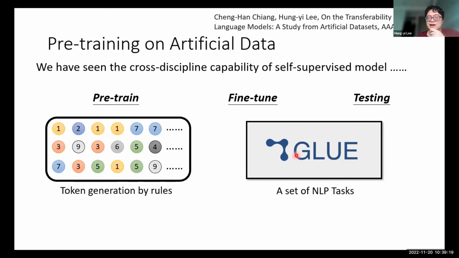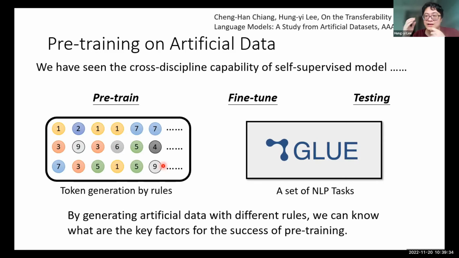So we use some artificial data to pre-train the model. We use some rules to generate sequences of tokens. Then we use those artificially generated token sequences to pre-train the language model. Why do we want to do that?